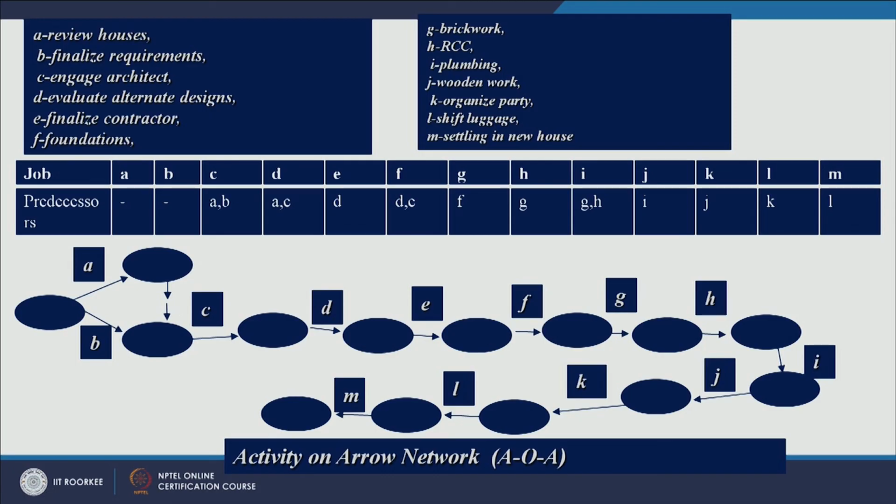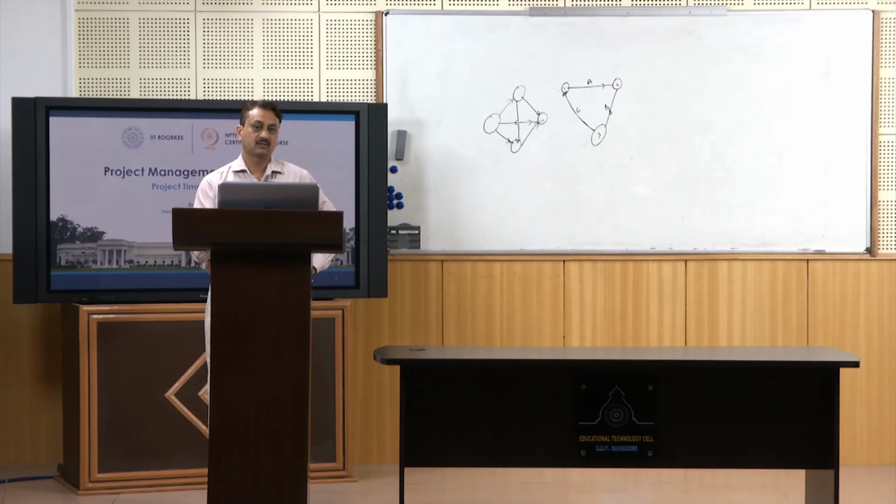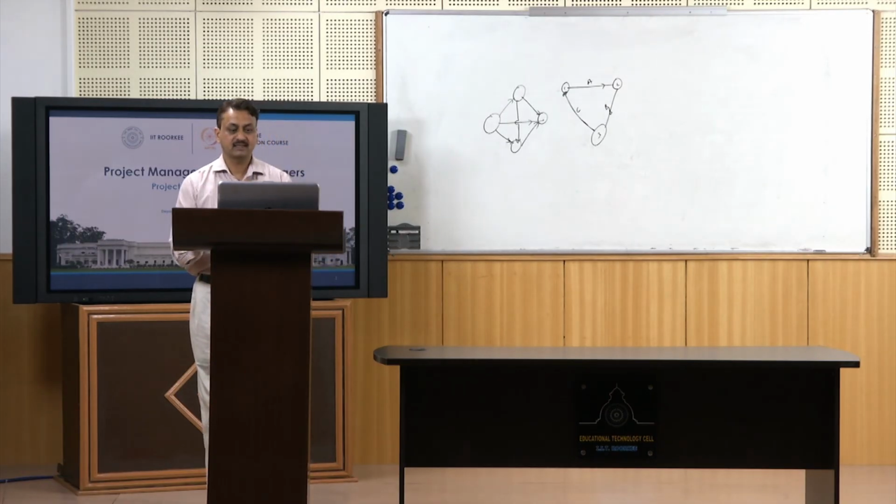You can prepare a network diagram for this example using activity on node type of network representation technique, and we have seen a couple of examples on activity on node type of networks, right. So, you will have a similar network without dummy activity, right.